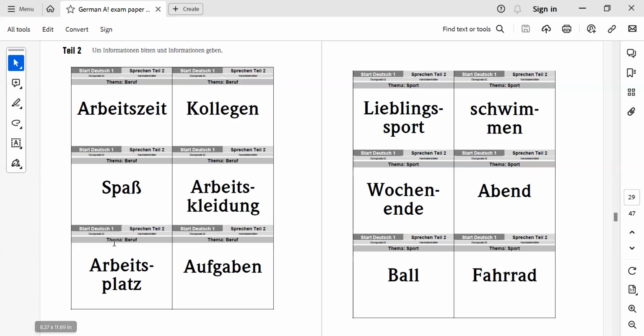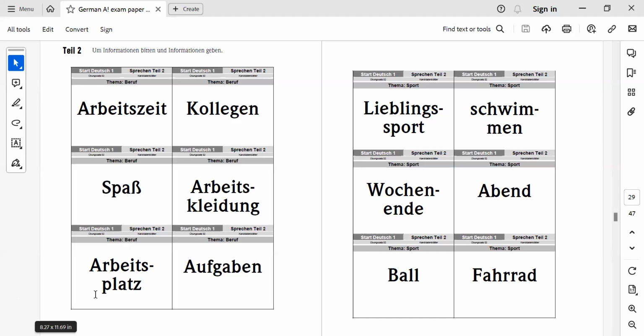Now, Arbeitsplatz. So, workplace. So, wie gemütlich ist Ihr Arbeitsplatz? So, how cozy is your Arbeitsplatz, working place? Ist Ihr Arbeitsplatz sehr groß? Is your working place very big? All with yes or no?